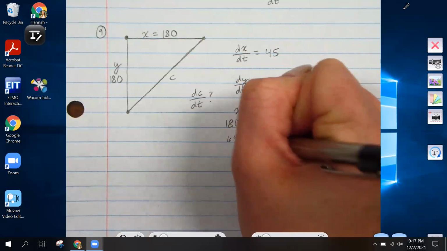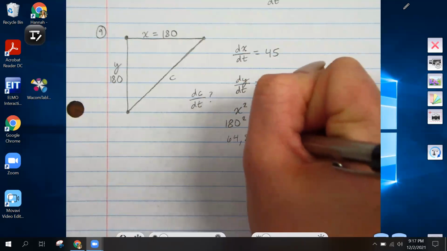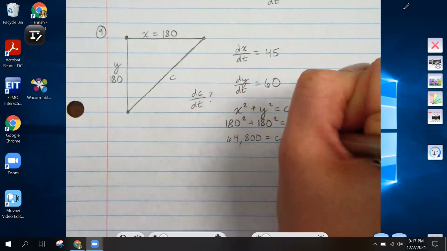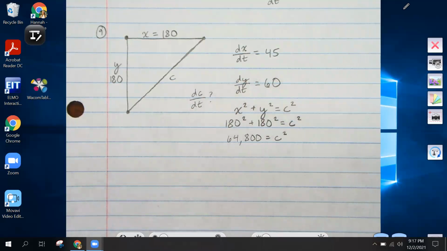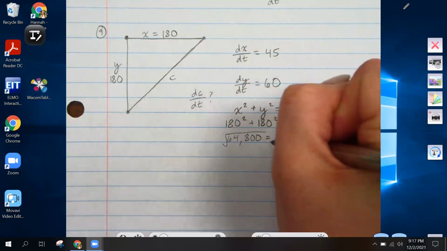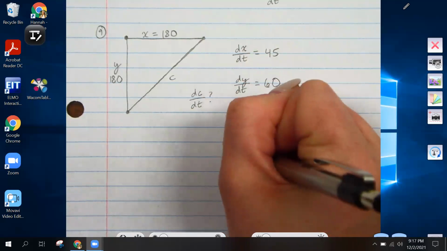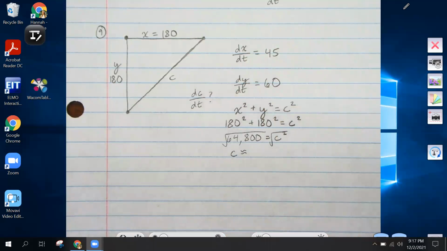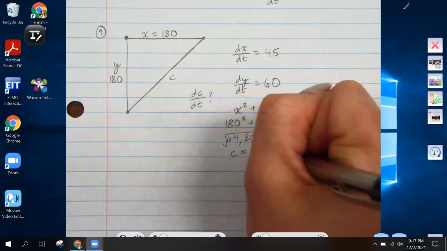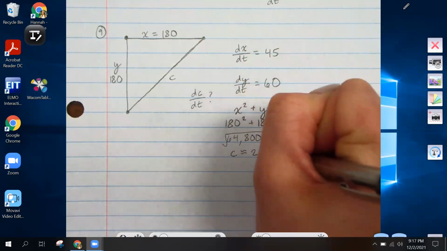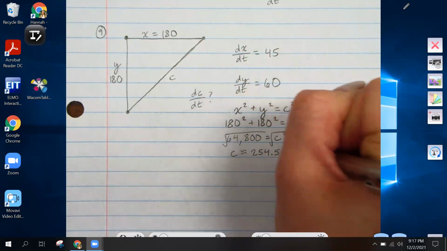We get 64,800 equals C squared. Take the square root of both sides. We'll round this value: 254.558.